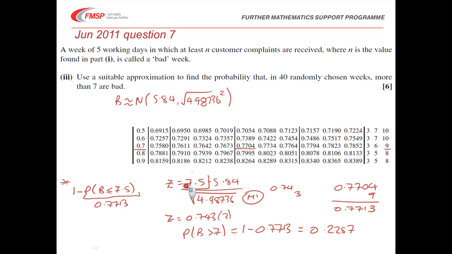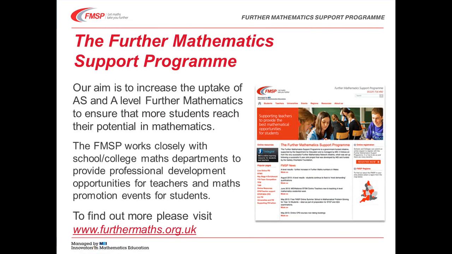So if we don't see the correct continuity, you certainly don't get your accuracy mark. And then you get your final accuracy mark for the final answer as well. Okay, so just be aware of that. So these are nice questions. You don't need to worry too much, but you do need to be very aware of when you're using the continuity corrections. You need to be able to use it correctly.